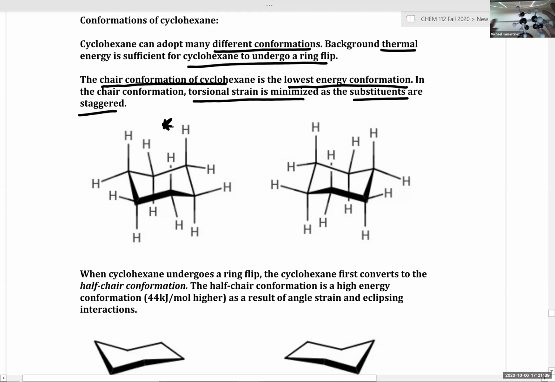Now, the first step in our ring flip is that we're going to take carbon number 4, the carbon that's pointing down, and we're going to bring it into the plane. This is known as the half chair conformation.